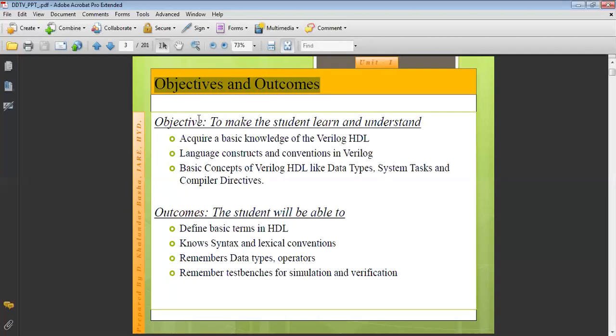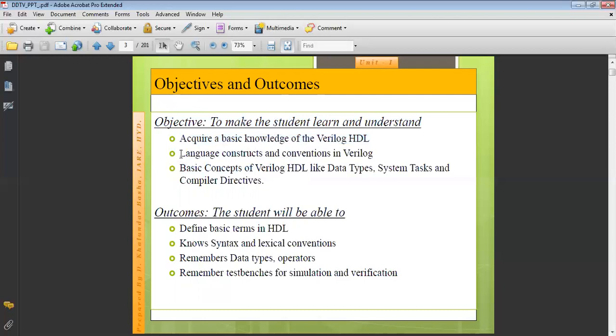To make the students learn and understand the following components. What is the objective of the first unit? Acquire basic knowledge of Verilog HDL. After studying the first unit, students can acquire the basic knowledge of Verilog HDL.